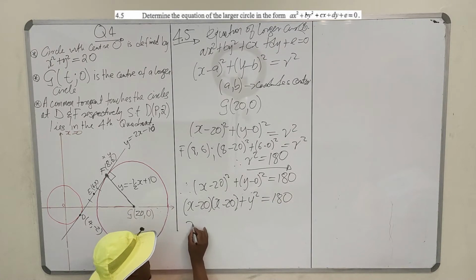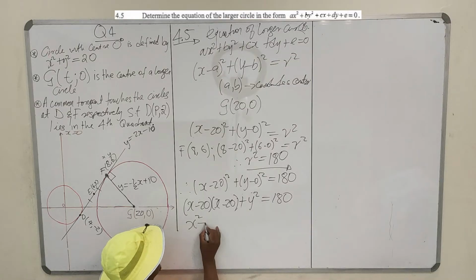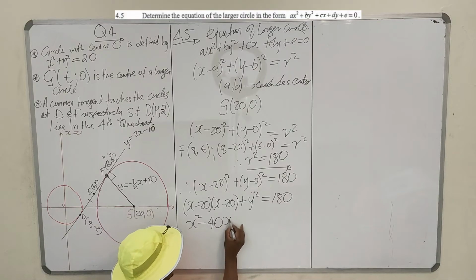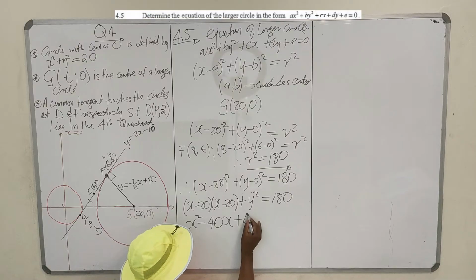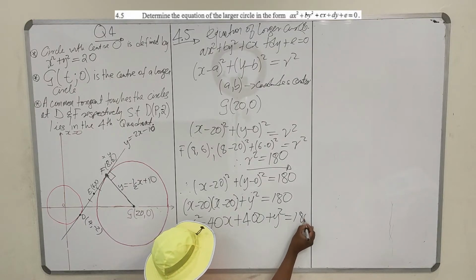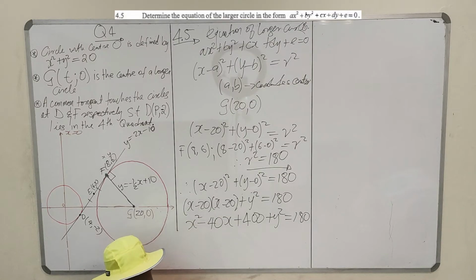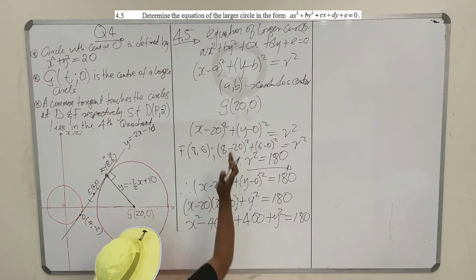So let's expand this. We get x squared minus 40x plus 400 plus y squared is equal to 180. No problem. Then we group them in that form.